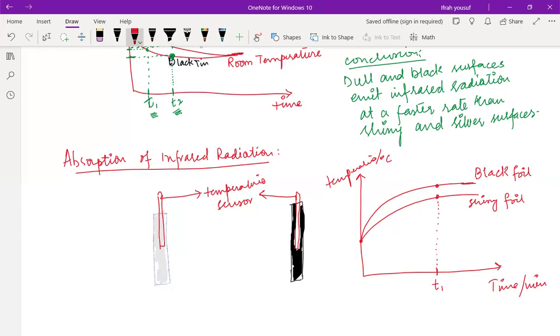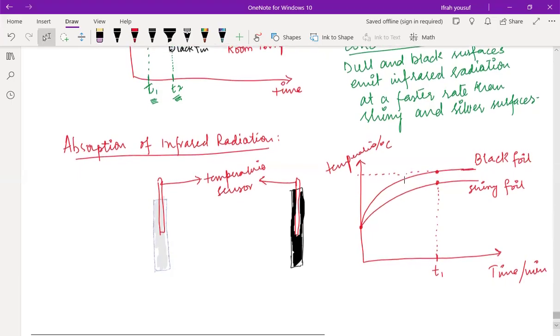The first thing, have they got a different temperature, or are they at the same temperature? Are they at the same temperature? Sir, no. So which one is having a greater temperature at T minutes? The black one. So this indicates the black surfaces gain more thermal energy, right? So that means the black surfaces are good absorbers.